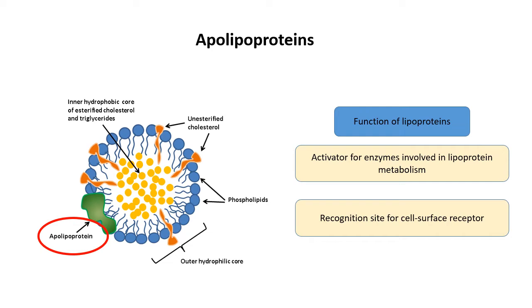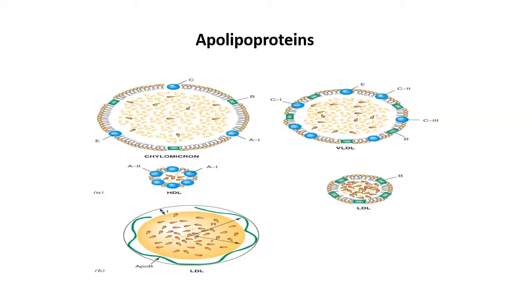We have 5 major classes of apolipoproteins, A, B, C, D, and E, and these classes are then subdivided into subclasses, for example, ApoB48. The most prominent apolipoproteins are, for example, ApoA found in HDL, ApoB in LDLs, chylomicrons, IDLs, and VLDLs, and ApoC in VLDLs and IDLs.